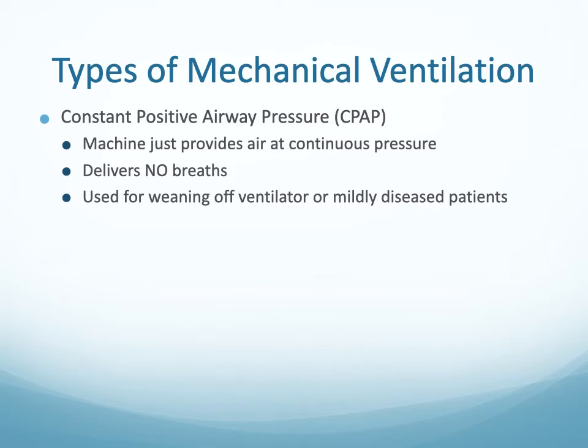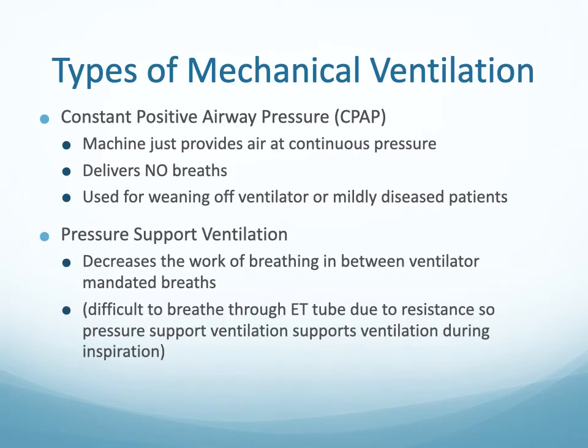The machine doesn't actually breathe for the patient, so you would use this when you're weaning off the ventilator or for patients with really mild disease, so they can actually breathe by themselves, and they don't have much lung disease, so it just reduces the work of breathing. CPAP also decreases work on the heart, so it is useful in patients with left-sided congestive heart failure.